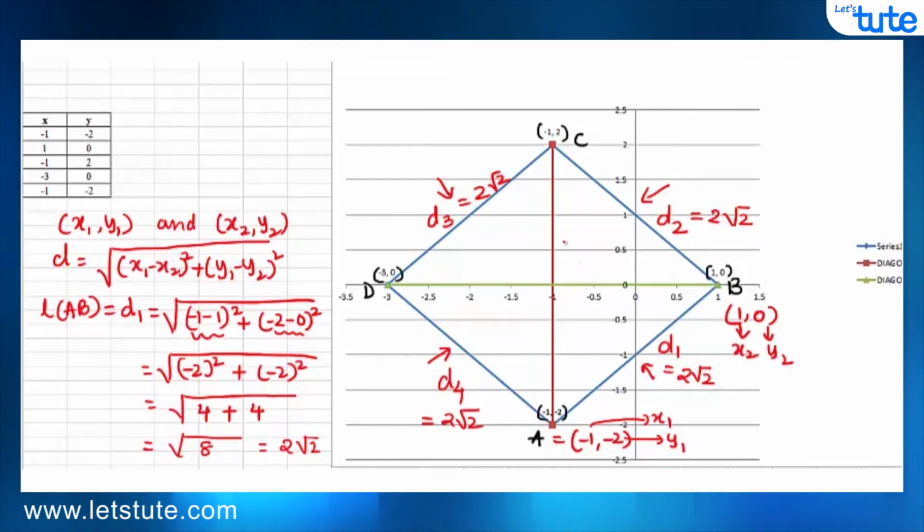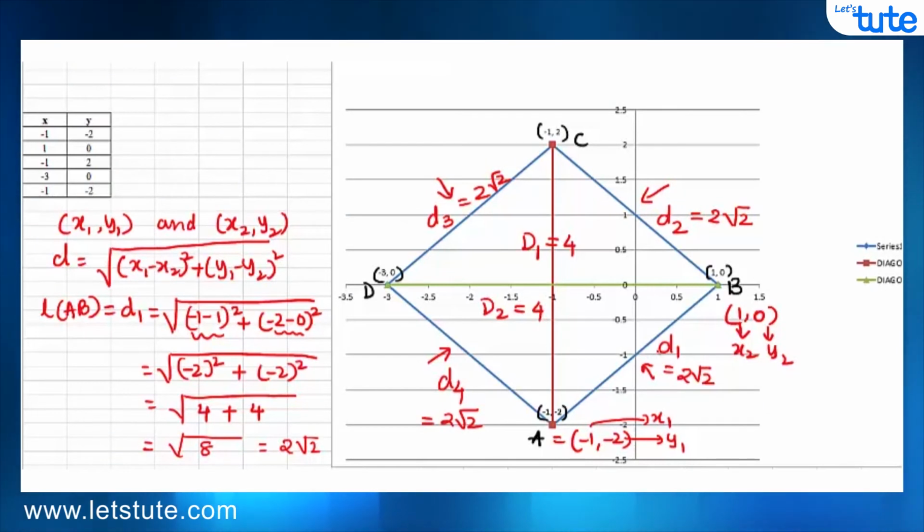So AC is diagonal D1 and diagonal BD, let me say it as D2. Using the same distance formula, I don't have to repeat it. You can refer to how I calculated the length of AB. D1 will be 4 and D2 will be 4 units. So this is how we got all the lengths.